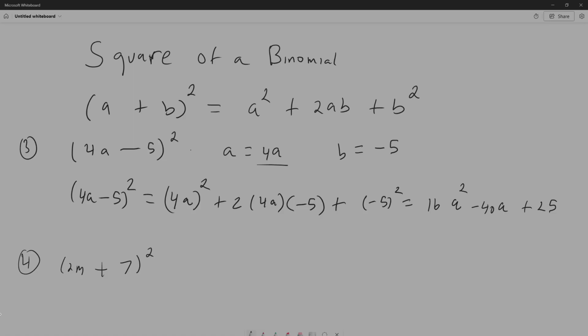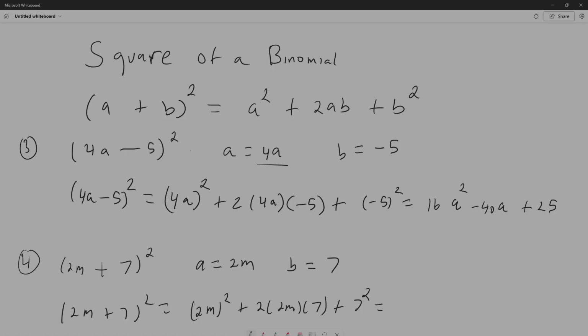Okay, now let's go to exercise number 4. This exercise number 4 says that 2m plus 7, we have to square it. So let's identify a. So a in this case is 2m, and b is equal to positive 7. So we write 2m plus 7 squared is going to be equal to 2m squared plus 2 times 2m times 7 plus b squared, which is 7 squared.